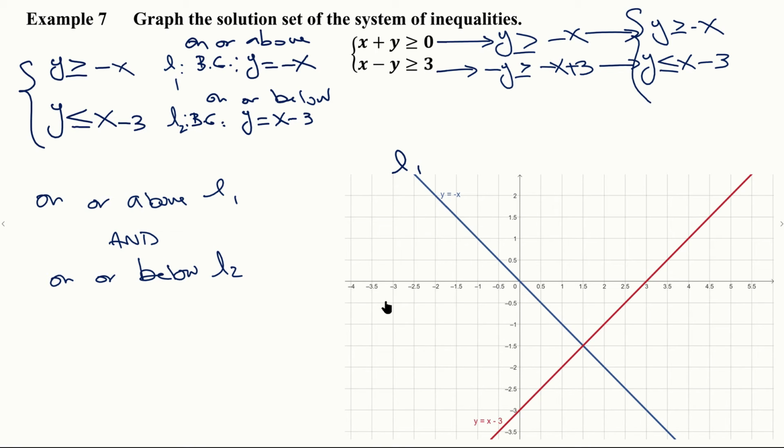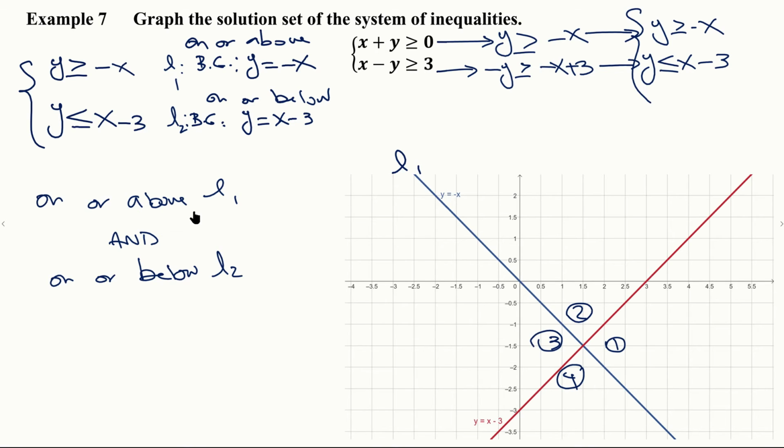So here's L1. So we want to be on or above the blue line, but on or below the red line, right? So what region, if I were to give these regions names, right? Let's say this is region 1, 2, 3, 4, right? So which of those 4 regions would satisfy both of those conditions?